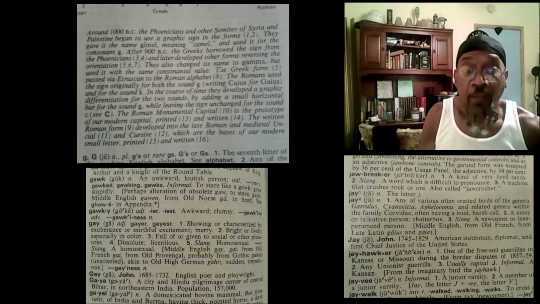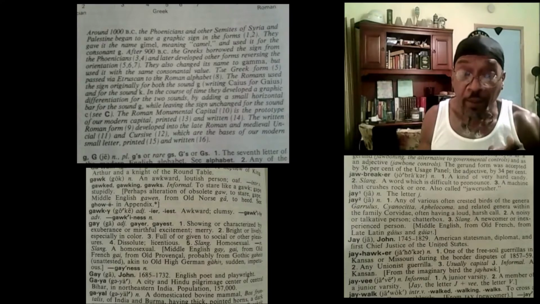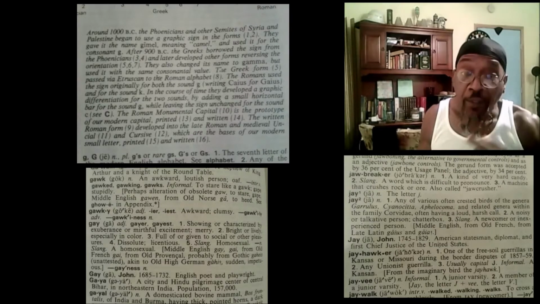The most popular alphabet in the English language, the J. We're not going to read about when it came about. We're going to read what the word means. There it goes right there. J-A-Y. The letter. But then it has the definition up under it.